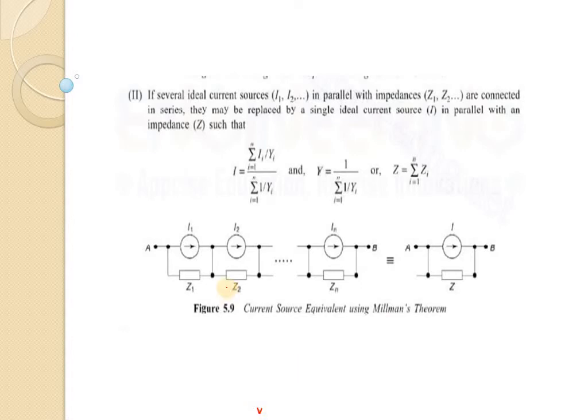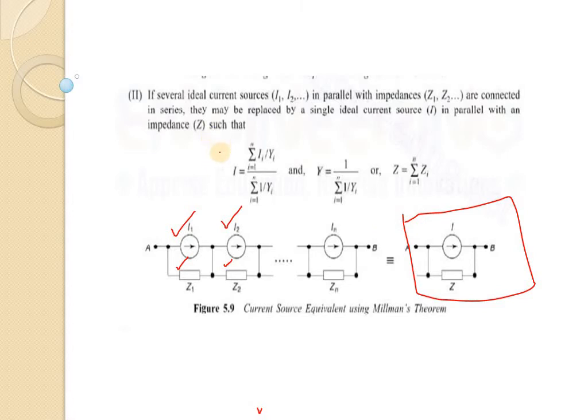Here, if current sources I1, I2 up to IN are placed with parallel impedances Z1, Z2 up to ZN, then we can put this total network into a simple network consisting of one current source with one parallel impedance. How?